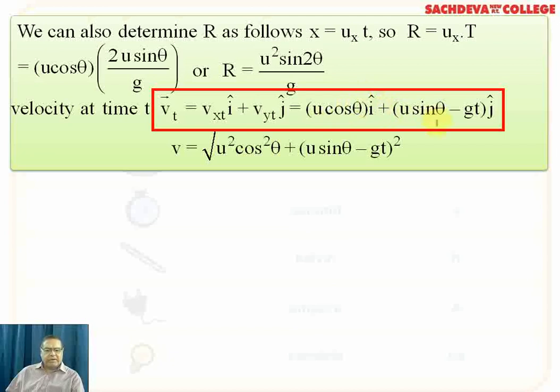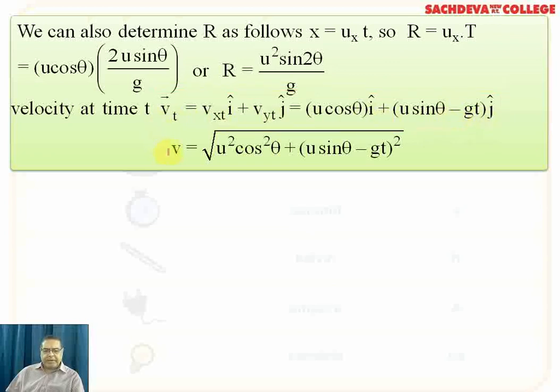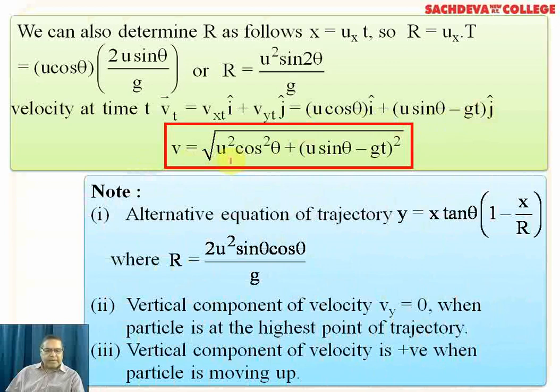So we have written that vt will be equal to u cos theta i plus (u sin theta minus gt) j. Again, I am repeating that i and j are the unit vectors along the x-axis and the y-axis. Now from this, by using the equations for vectors, the velocity magnitude is the square root of u square cos square theta plus (u sin theta minus gt) the whole square.